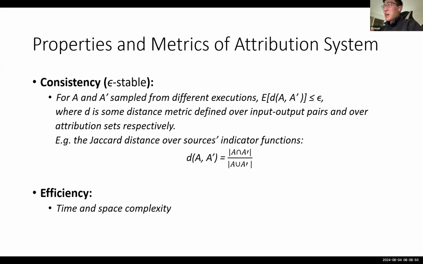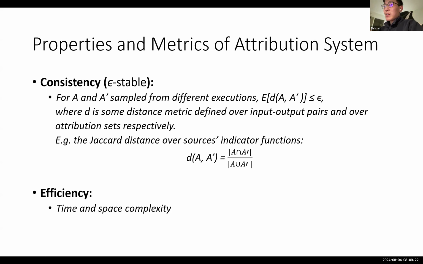For an attribution system, what we want is consistency or stability, which means your attribution system could have some kind of randomness, but you don't want your results from two runs to deviate a lot, right? So the formal definition is that the expectation of the distance between two attribution sets, A and A prime, should be less than or equal to epsilon.